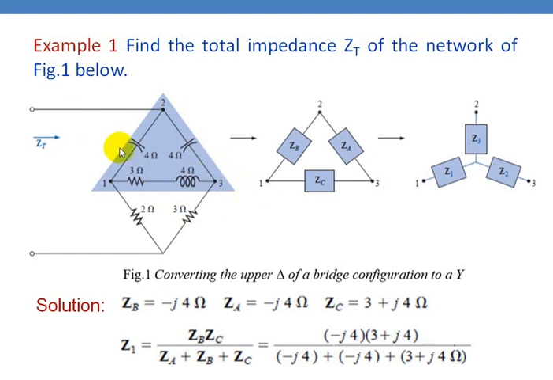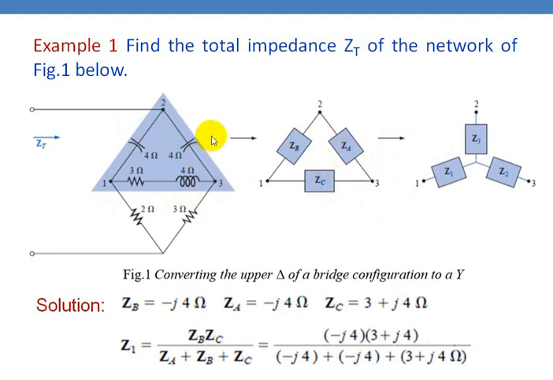In this case, we will convert this delta connected network into star. First, you name the nodes 1, 2 and 3. The impedance between 1 and 2 you name ZB, between 1 and 3 you name ZC, and this one you name ZA.